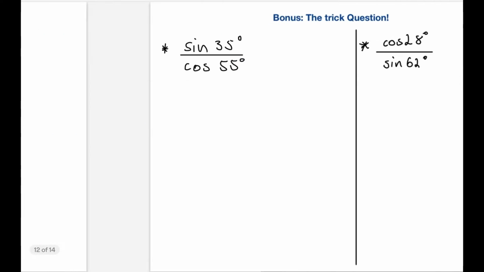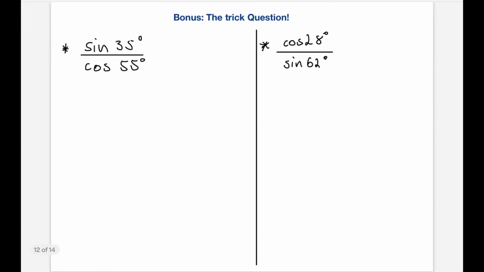Great. Here's what they like to do. They'll ask you to simplify something like sine 35 over cos 55. And you might be very confused on how to do it, but I want you to note something really important here. What is 35 degrees plus 55 degrees? What's the answer to that?